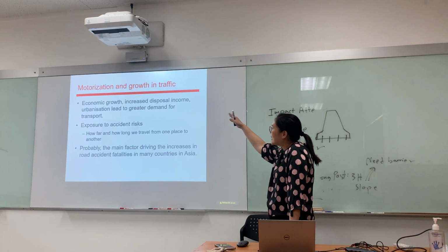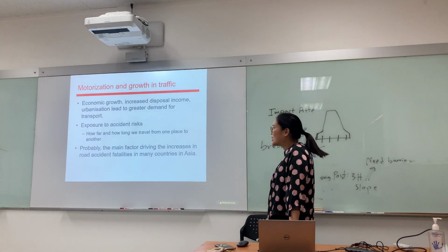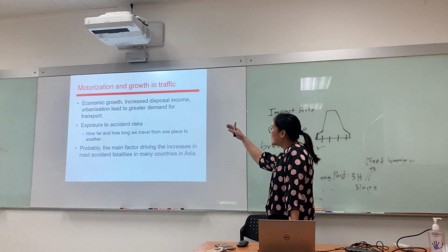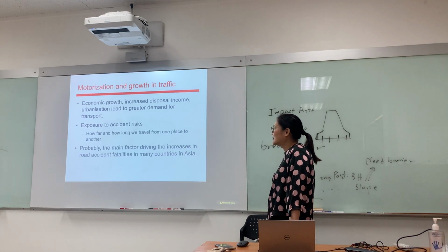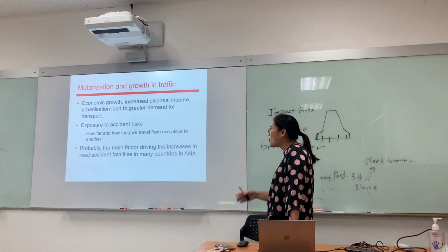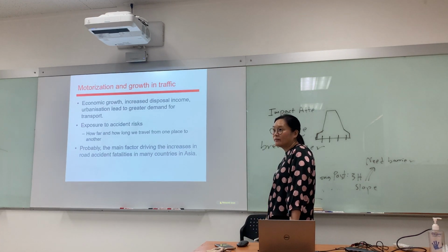So everything is related. Economic growth, an increase in disposable income, and you have a greater demand for transport. When you have greater demand for transport, you have more exposure to accident risk. Okay? What is exposure? Exposure is how far and how long we travel.